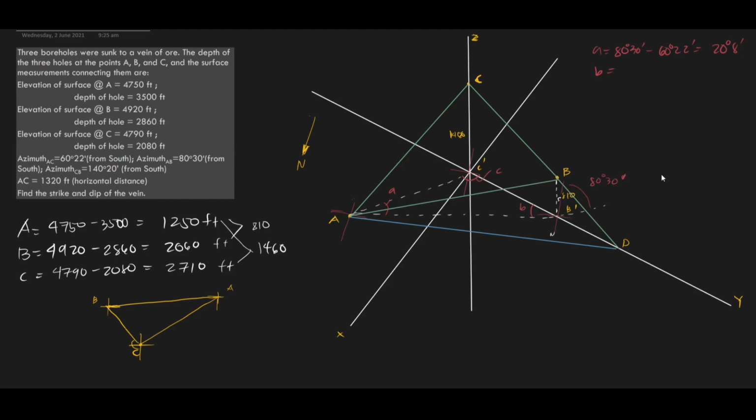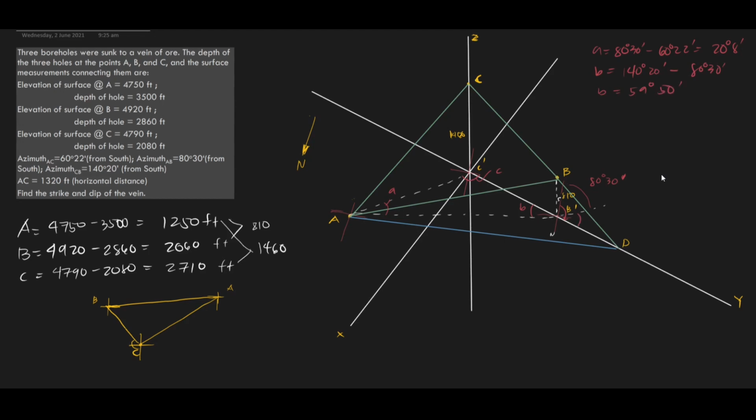And if you subtract that from the azimuth of C to B, the azimuth from C to B is this one right here, right? So if you subtract that, 140 degrees, 20 minutes minus 80 degrees and 30 minutes, so B will be equal to 59 degrees and 50 minutes.